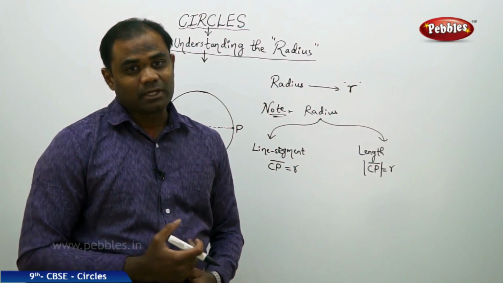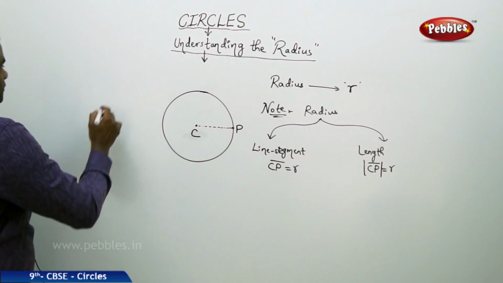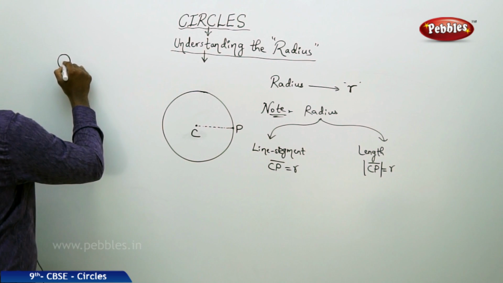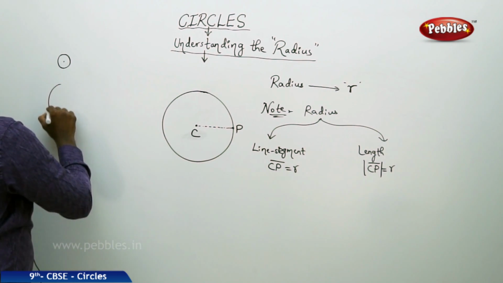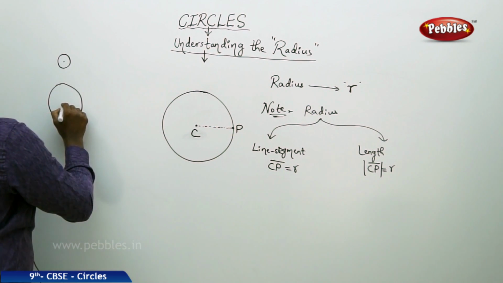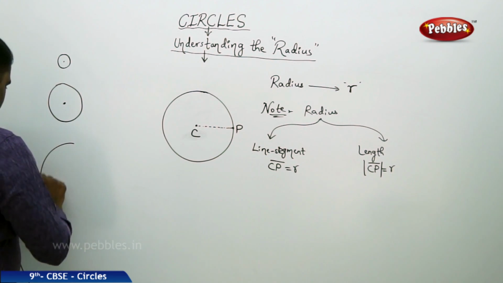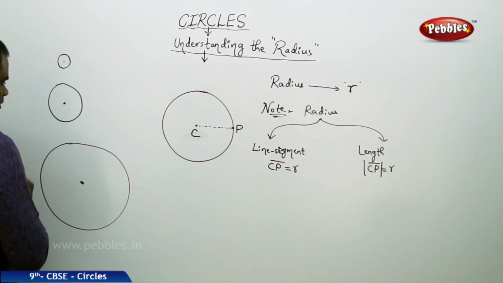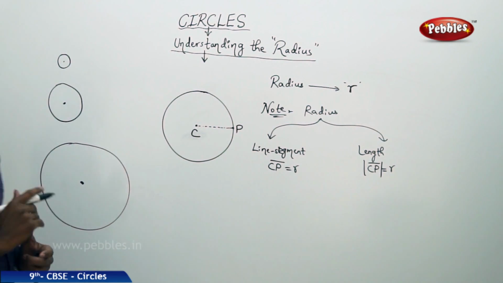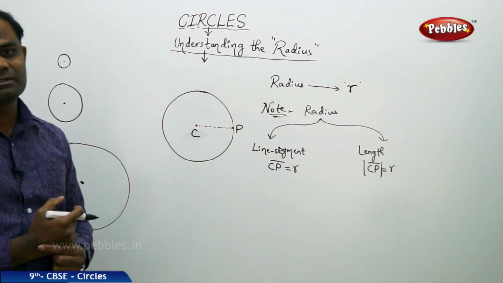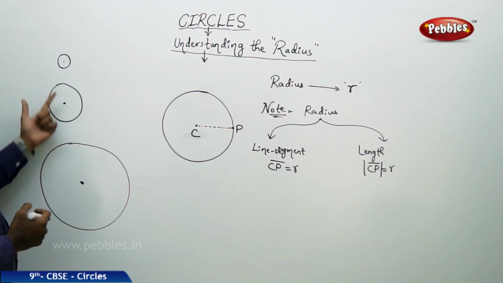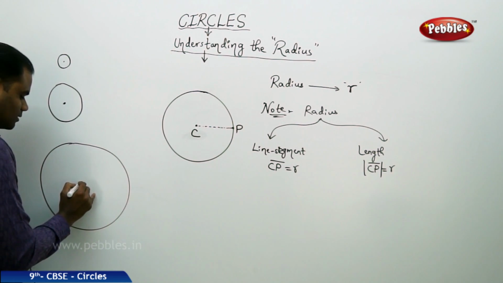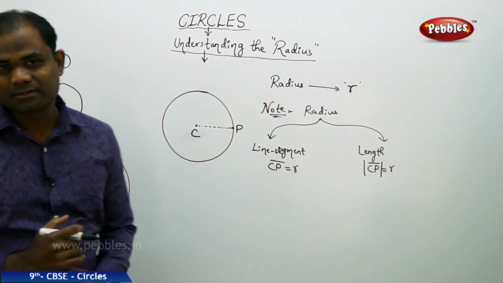And the most important understanding is, say for example, I take a circle, and a circle. So what is the difference I identified between each of the circles? How do we identify these three circles? Clearly, I see that the radius of each of the circles is different.